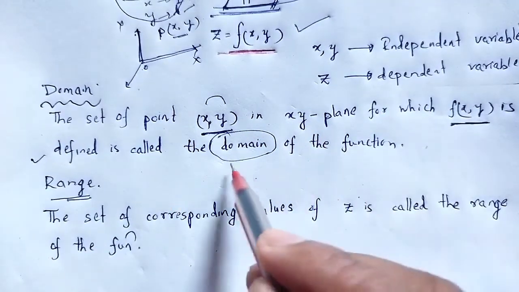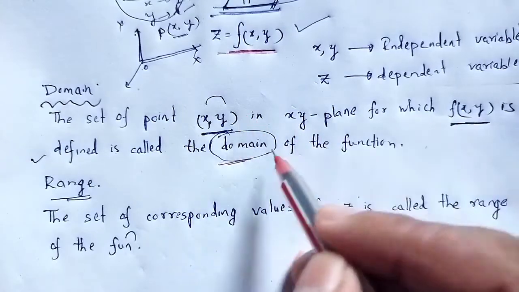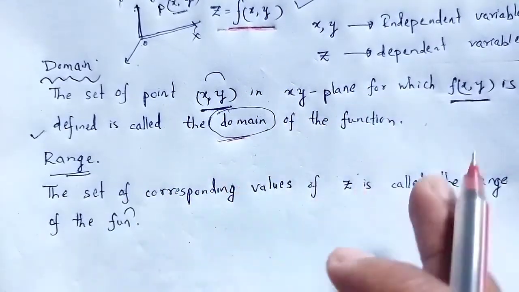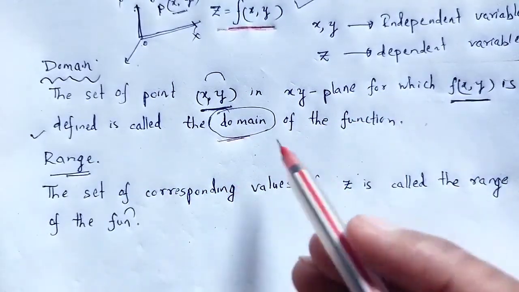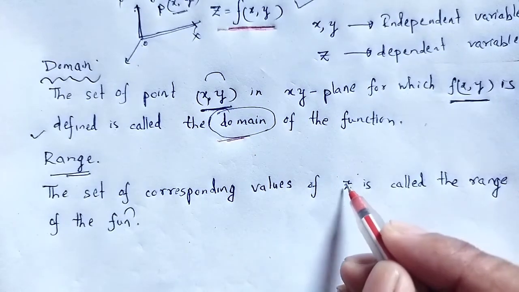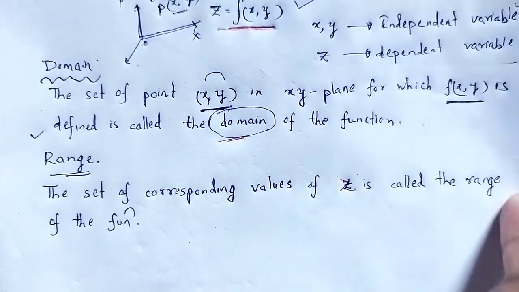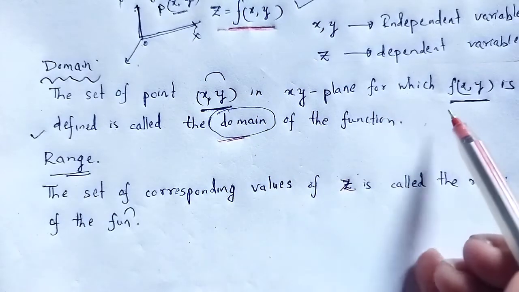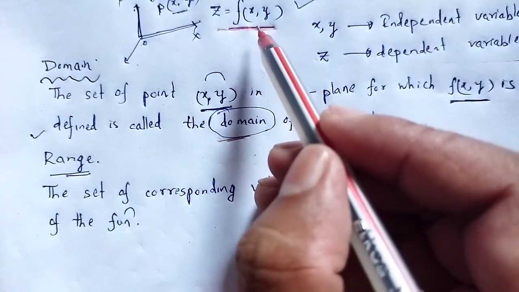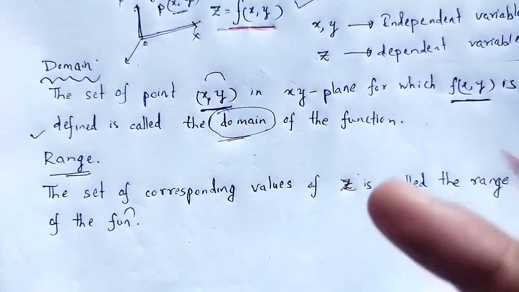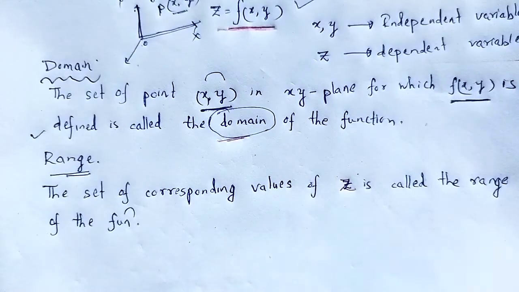And the set of corresponding values of z is called the range of the function. The values of z for the x, y in the domain are known as the range of that function.